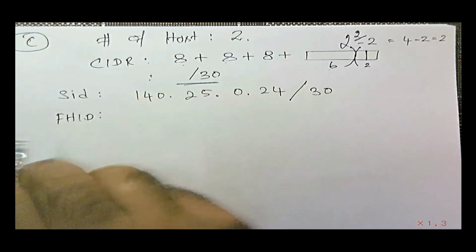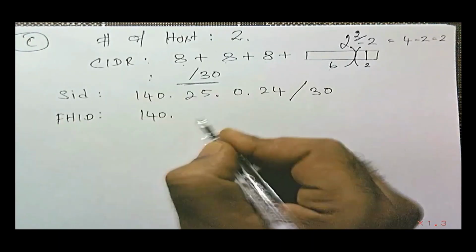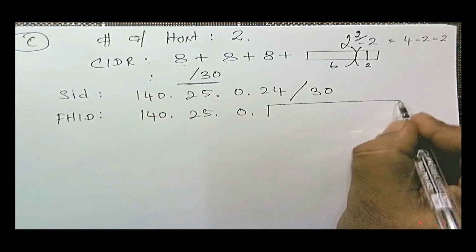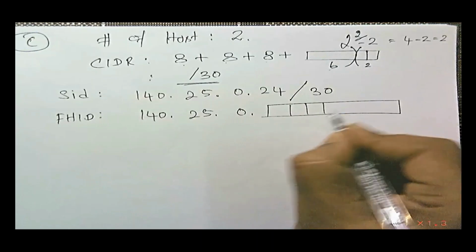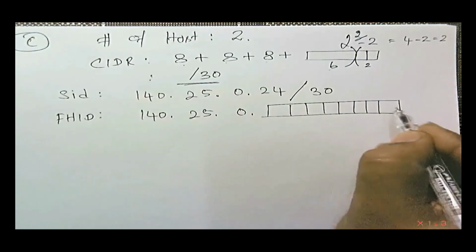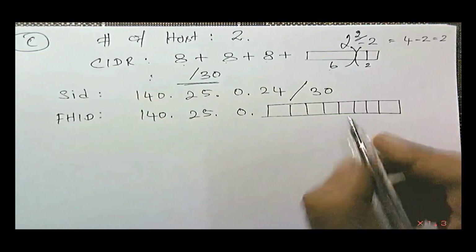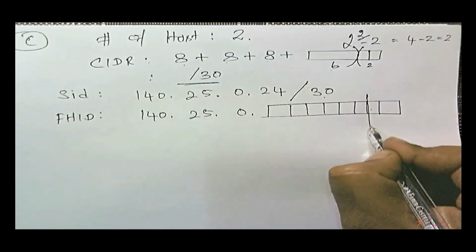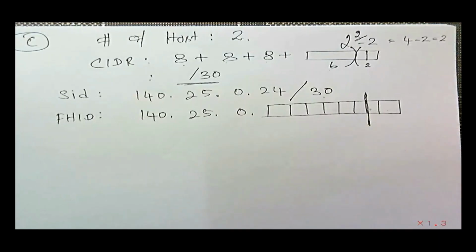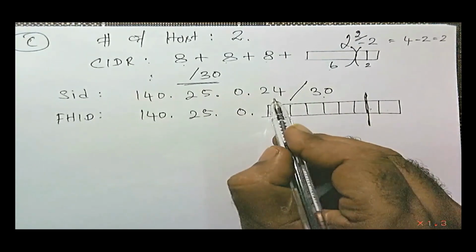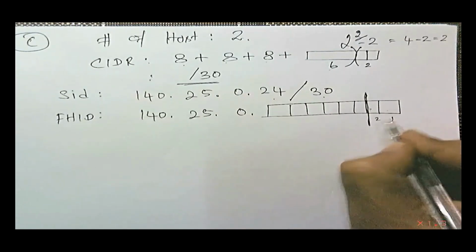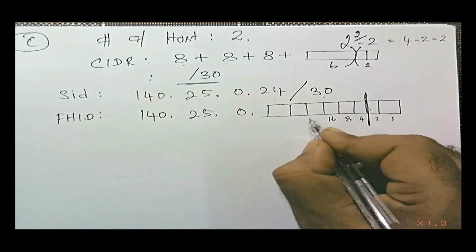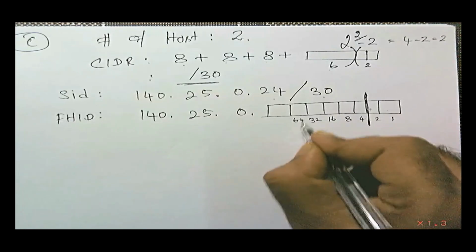Now, what is the first host ID? For 140.25.0, I'm taking the last octet, which has 8 bits, and only 2 bits are going to be in the host part. Here we have 24, with bit values 1, 2, 4, 8, 16, 32, 64, 128.